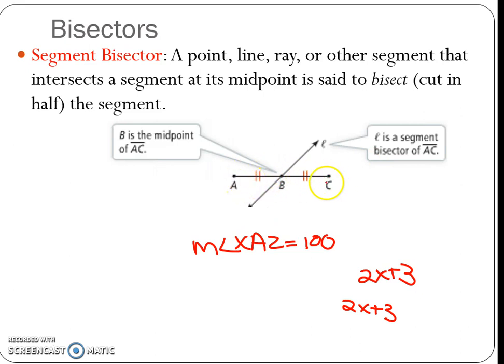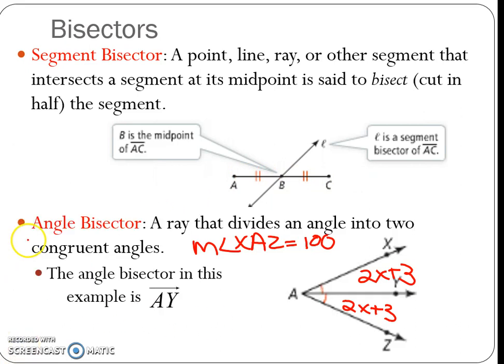Same, equal. So they're equal to each other, and this B is the midpoint of AC. This midpoint is right here, halfway between A and C. So this is called the segment bisector, where they divide AC into two equal parts.